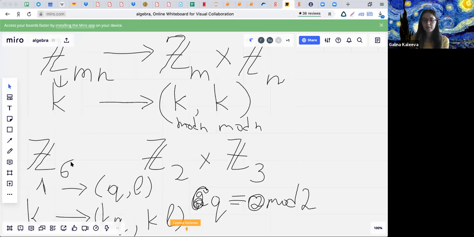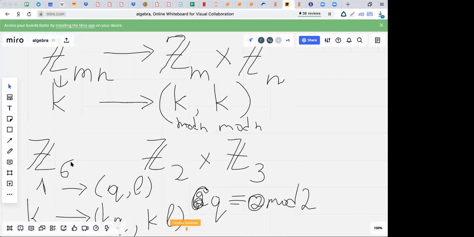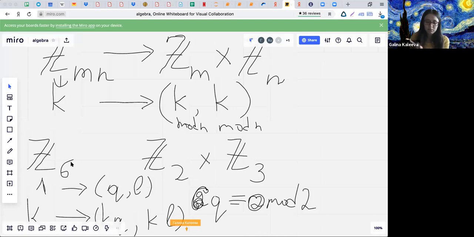The orders of these two groups are divisors of this one, because I consider only such cases where the product of these orders is the order of our big group. So everything is okay if I map 1 to (1, 1), and then I map k to (k modulo 2, k modulo 3), right? So it's actually a homomorphism.